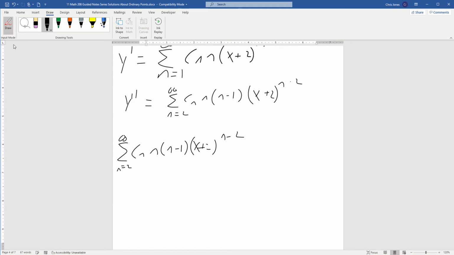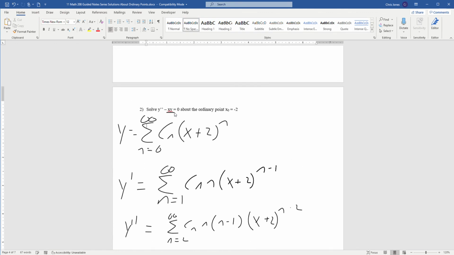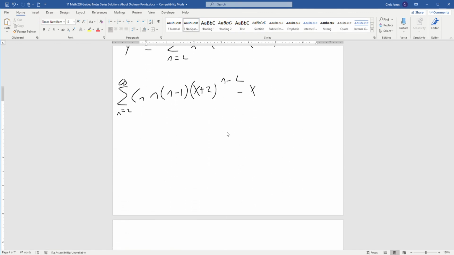And this should be x plus 2. Minus x times the original series. All right, so we have xy, and the original series was the series n equals 0 to infinity, c sub n, x plus 2 to the nth power equals 0.